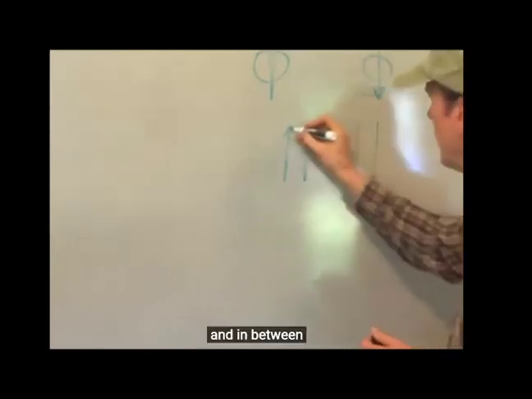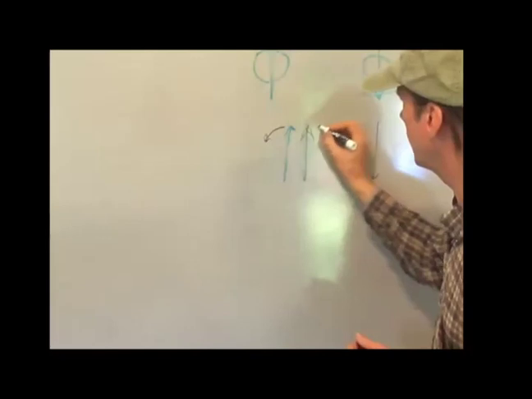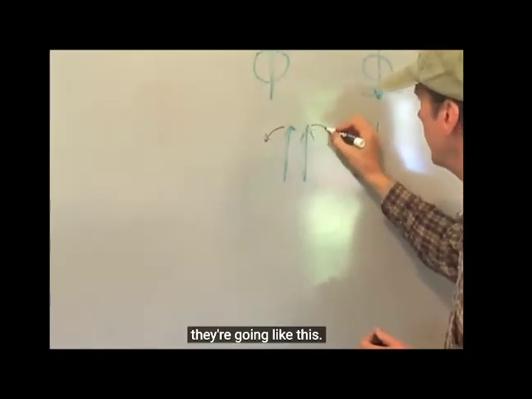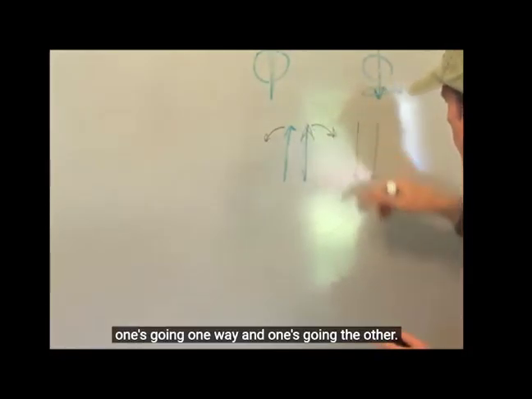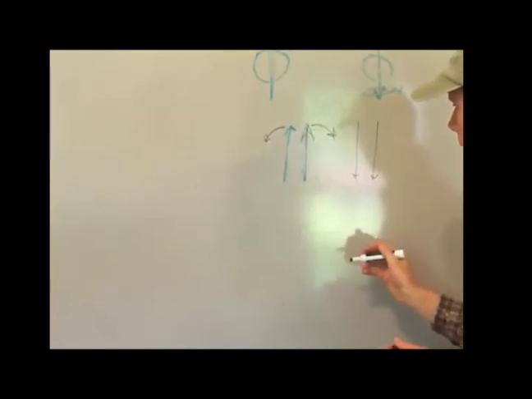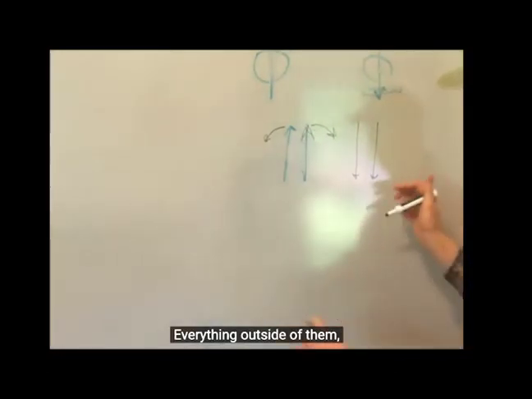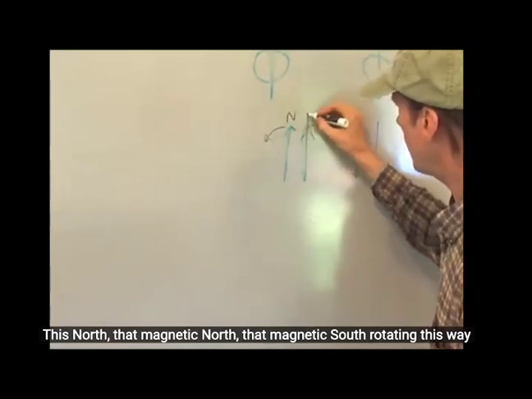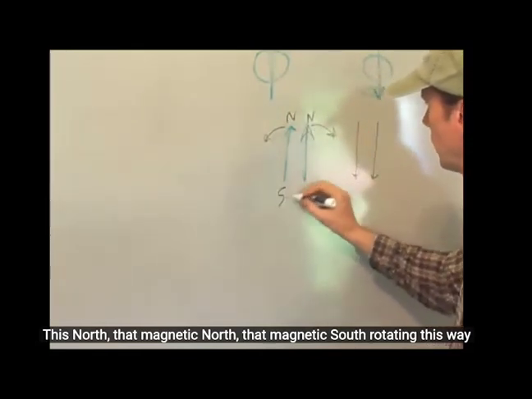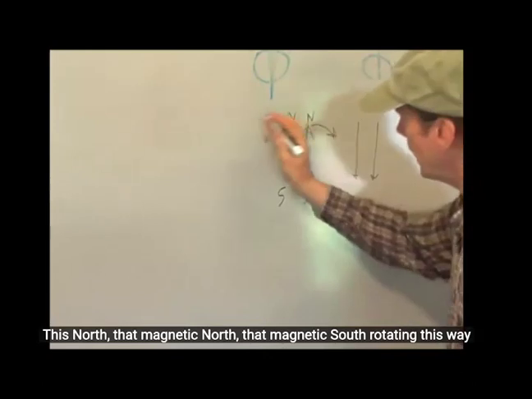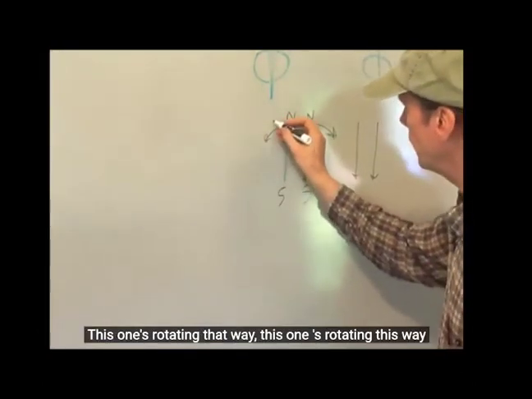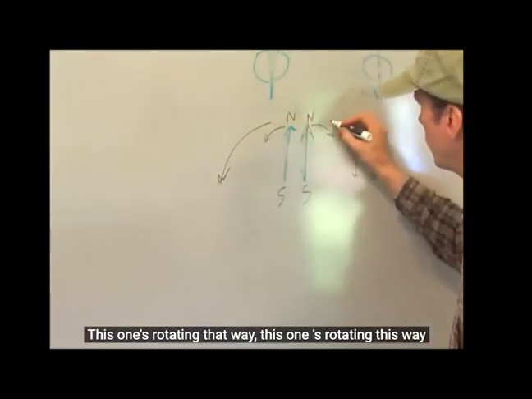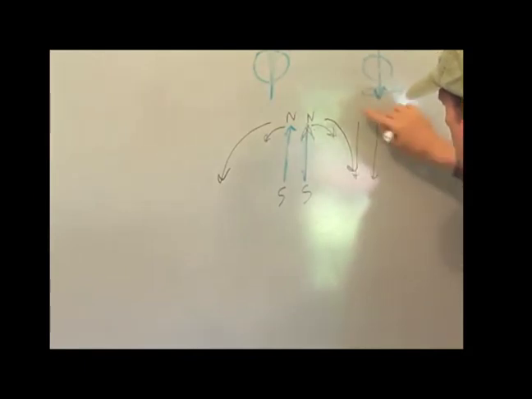And in between, they're going like this. One's going one way and one's going the other. Everything outside of them, this north, that magnetic north, rotating this way. This one's rotating that way. This one's rotating this way.